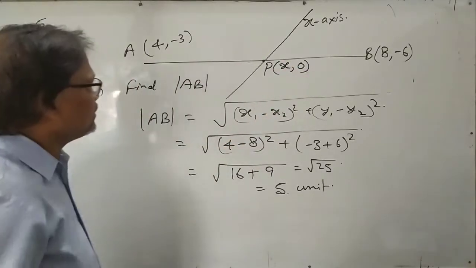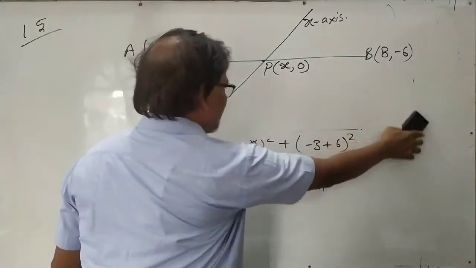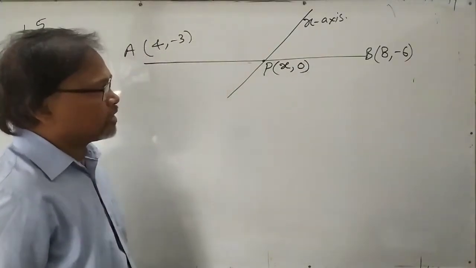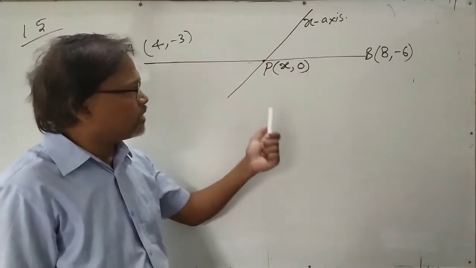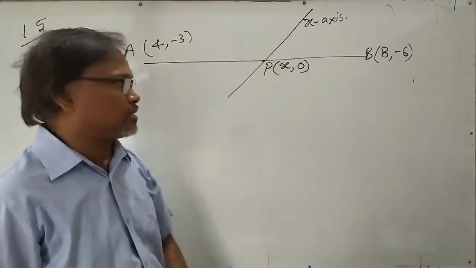So this is the method to find the coordinates of the point if a line divides the given line at the point P by y-axis or x-axis.